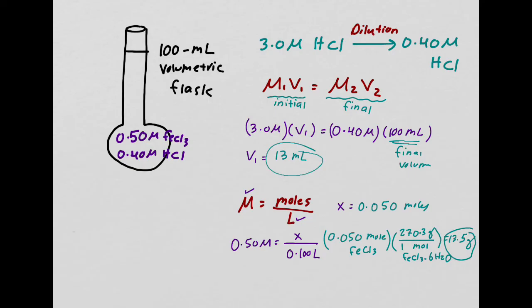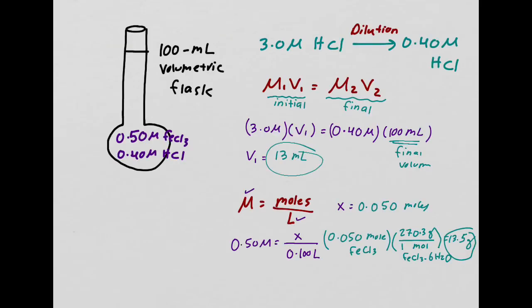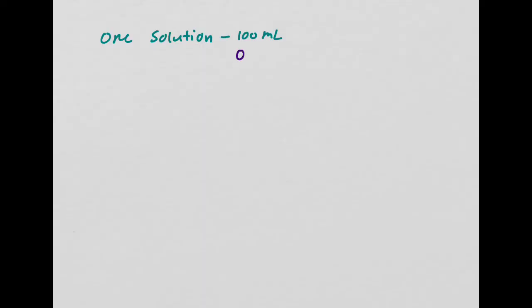Okay, so here's the calculation. But what does all this mean? Let's go over it. So remember what we want. We want to have one solution, and we want the final solution to be 100 ml. In my case, we want the final concentration to be 0.50 molar iron 3 chloride, 0.40 molar HCl.